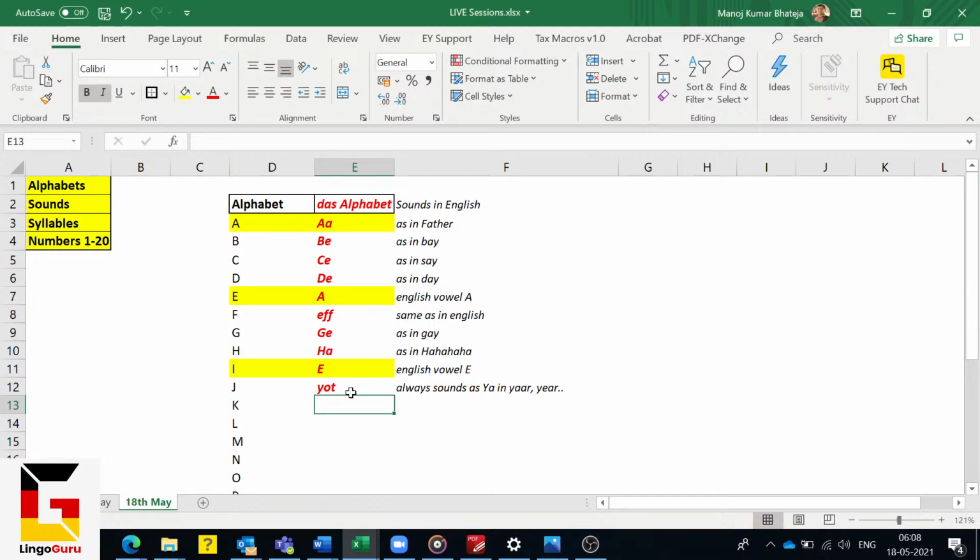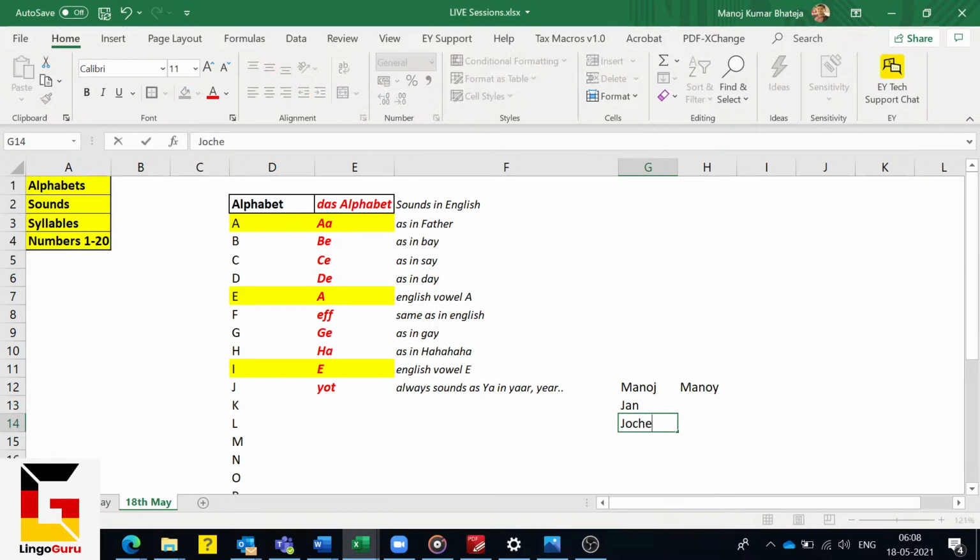Germans do not have the tendency to pronounce J. So in Germany, people might pronounce my name Manoj as Manoy, because they do not know how the J is actually pronounced. Similar names like Jan, Jochen. It's always the year sound. Whenever we pronounce J, it is going to be pronounced as year, and this letter is known as yacht.